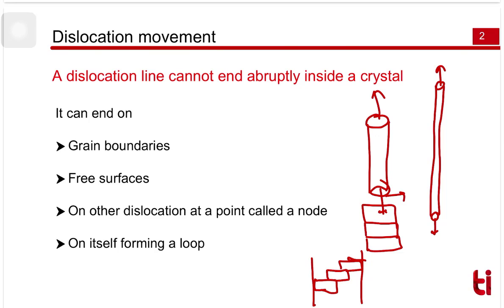So this length is increased. It's similar to a deck of cards. You apply shear force, then the cards will slip on each other and length will increase and the thickness will decrease. So what is happening? The planes are slipping within the crystal, which we call the slip phenomenon.